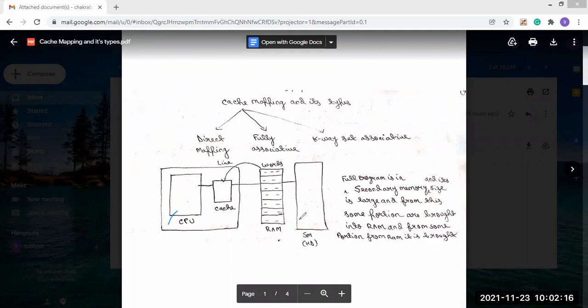Now the total full program is stored in the secondary memory, or hard disk.